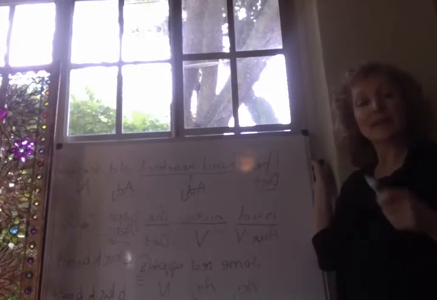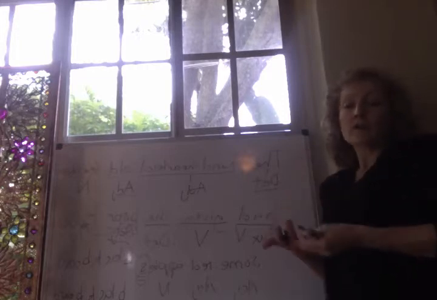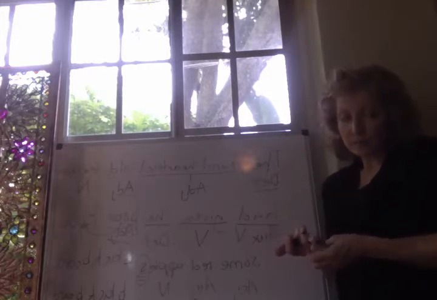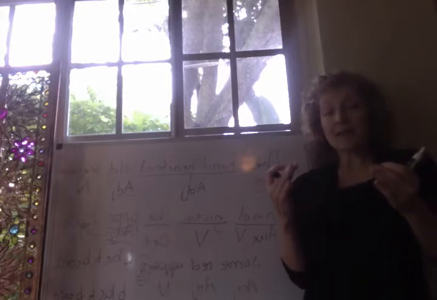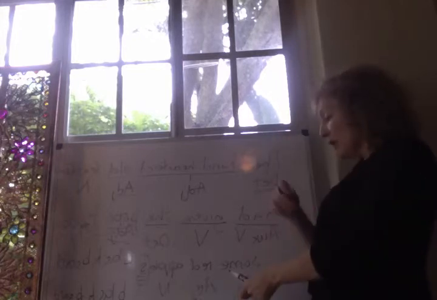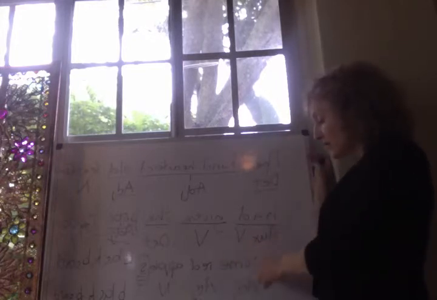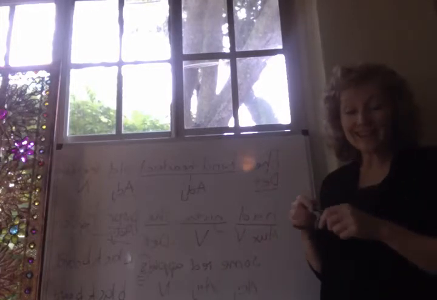However, keep in mind that determiners always modify nominal expressions. So in a way, they're similar to adjectives because they play the same role semantically in the sentence. However, how are they different from adjectives? They're different from adjectives because they always have to occur first in the noun phrase.